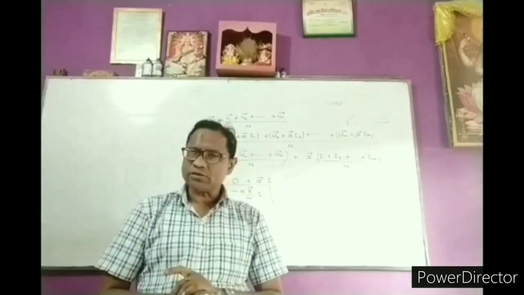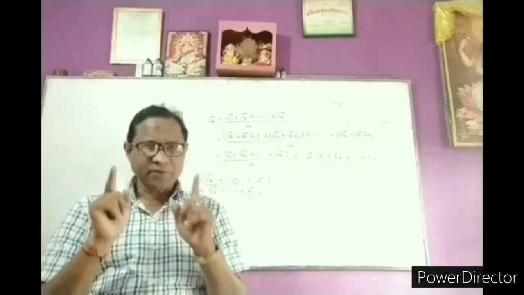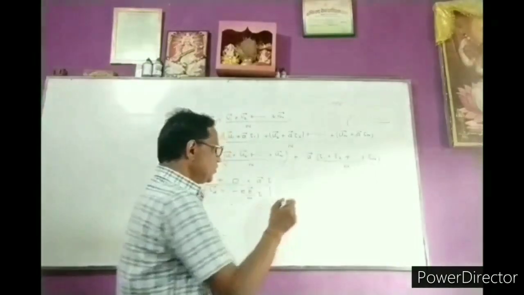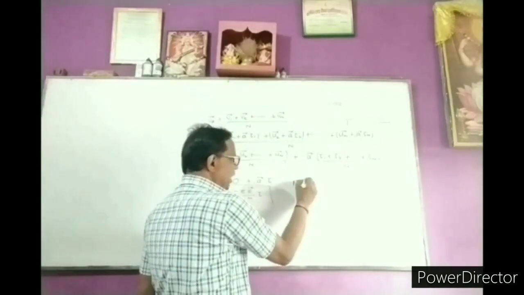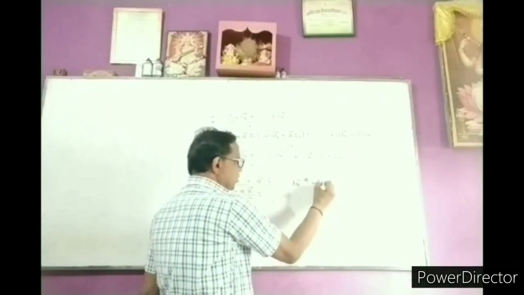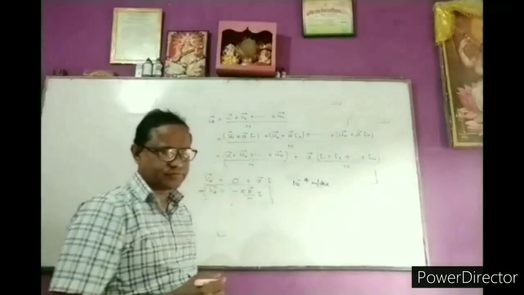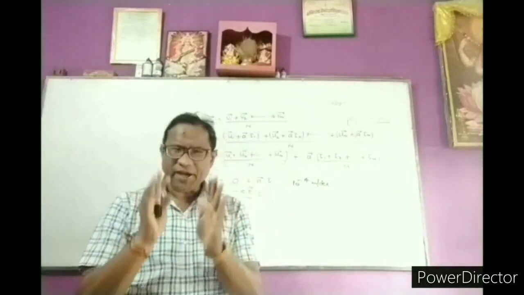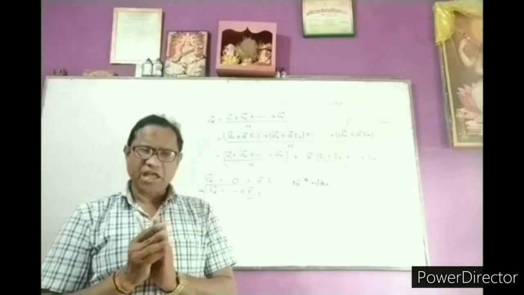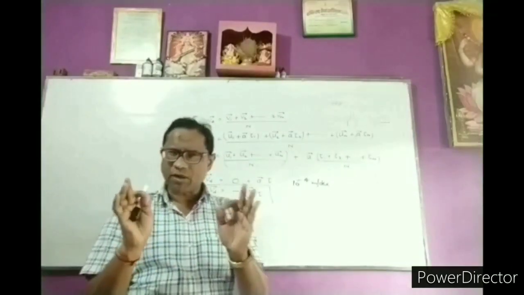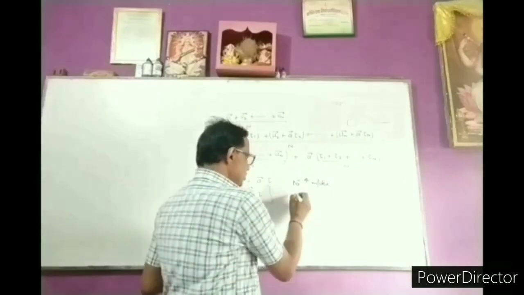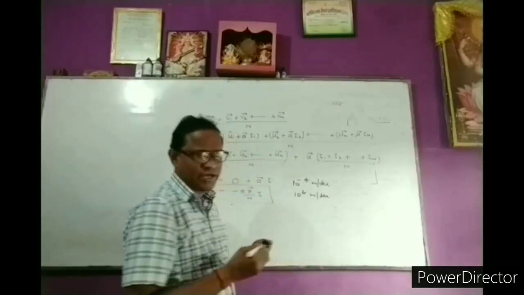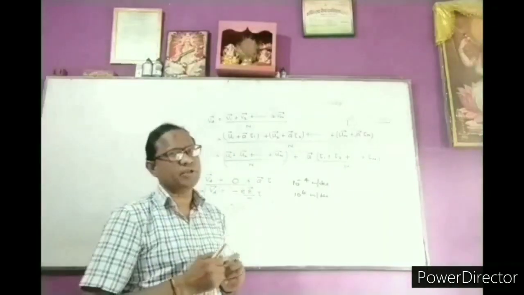Some notable points. The first, the drift velocity is of the order of 10 power minus 4 meter per second, which is negligible as compared to the average electron thermal velocity, 10 power 6 meter per second at room temperature.